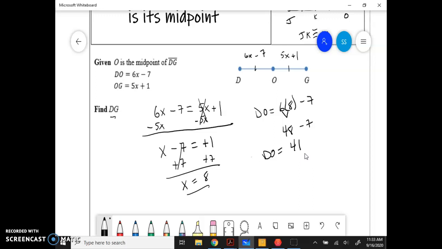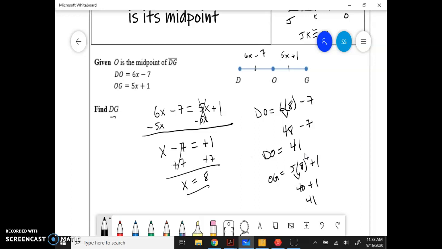Okay, now we can check that to make sure. We know that they're congruent, so OG better equal 41 as well, or we didn't do something right. Okay, so let's go ahead and do that. 5 times x, which is 8, plus 1. Go ahead and solve. We've got multiplication here. 40 plus 1. Sure enough, that's 41.